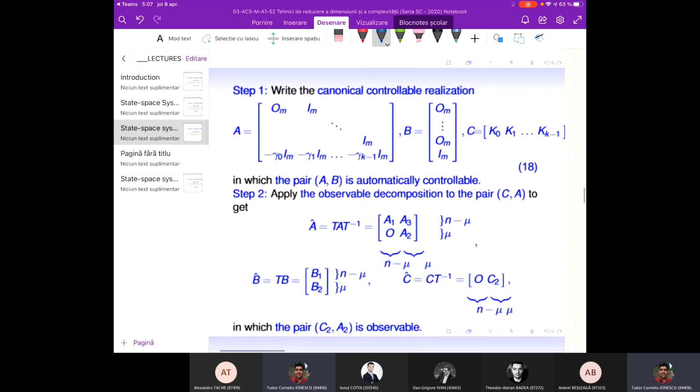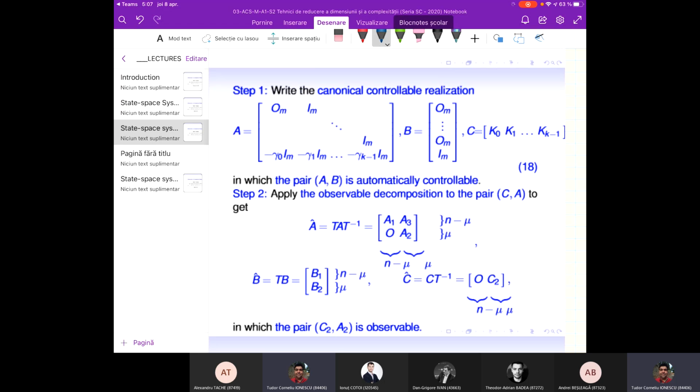Then you write a canonical controllable realization, or an observable realization, whatever suits you best, because you have to be smart and take the lower index, always.